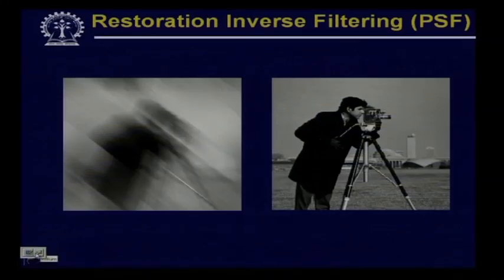So, there is another approach which is the minimum mean square error approach, also called the Wiener filtering approach. In the Wiener filtering approach, the filter tries to reconstruct the degraded image by minimizing an error function. So, it is something like this.